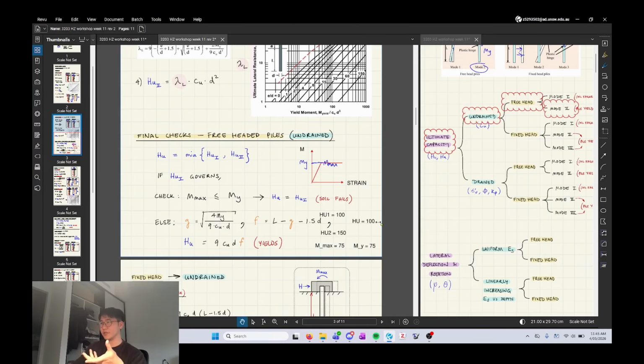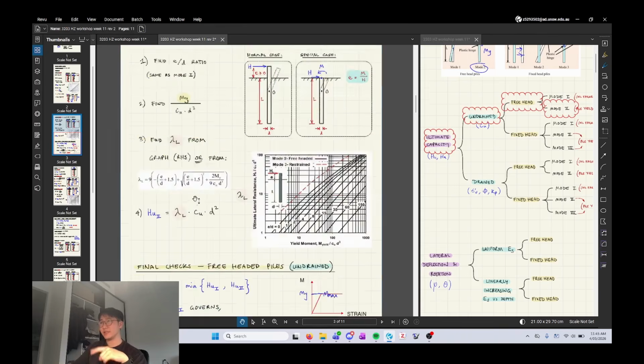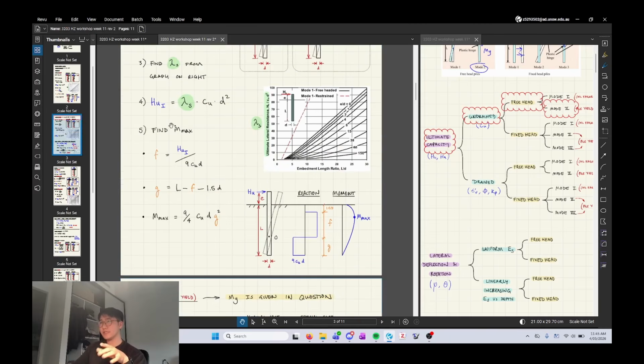And then what are the repercussions of that? What does HU end up becoming? It becomes some number that's less than 100. The way that I got that is if you go up to this step, so this is for failure mode 1, I rearranged for G, and I set M max as My, the yield moment.